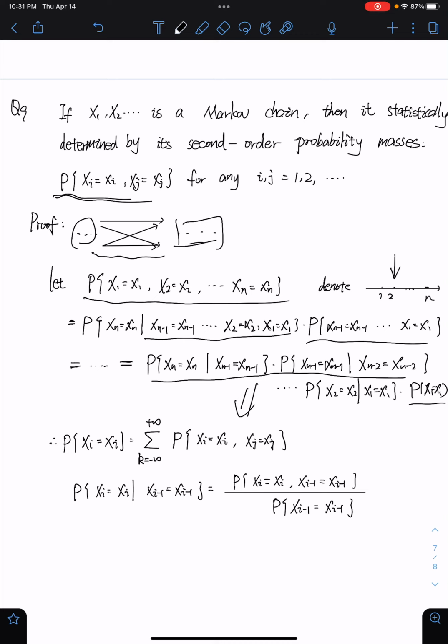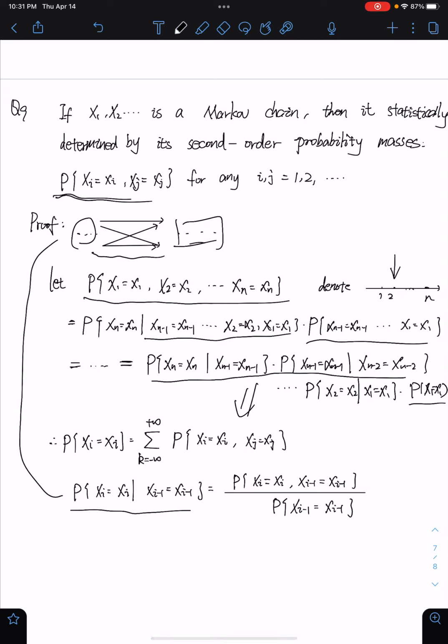Also we can write the conditional probability of X_i given X_{i-1}, which is the state before X_i.